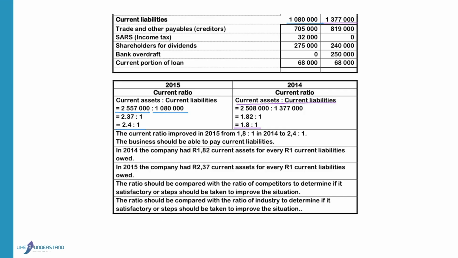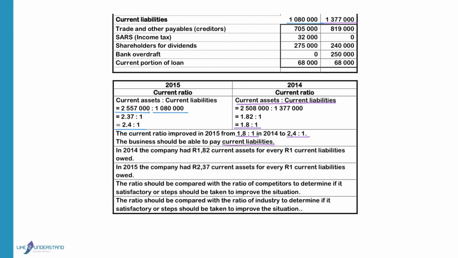The current ratio improved in 2015 from the R1.80 to R1 in 2014 to R2.40 for every R1 debt. The business should be able to pay their current liabilities because they have more current assets than current liabilities.